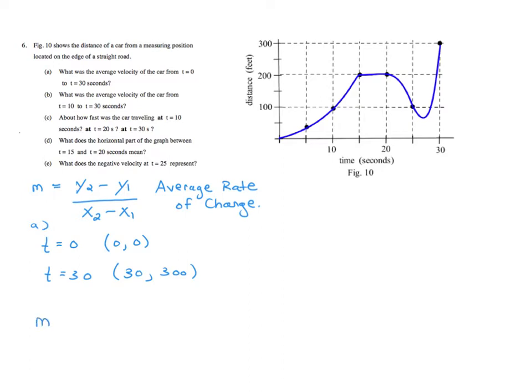So the slope is going to be the difference in the y values, so that's 300 minus 0. But I'm going to be a little bit more explicit here. I'm going to put the units after it. It's really 300 feet minus 0 feet. And this is divided by time, so it's going to be 30 minus 0, but really that is 30 seconds minus 0 seconds.